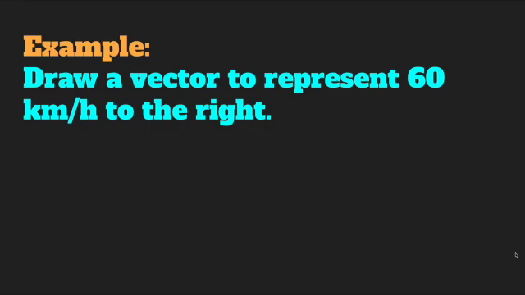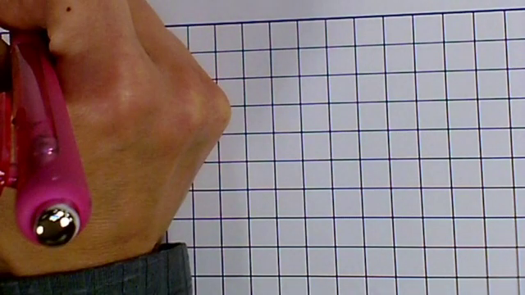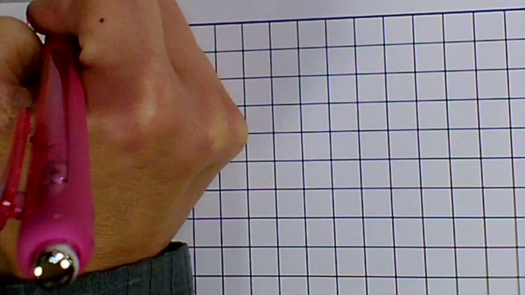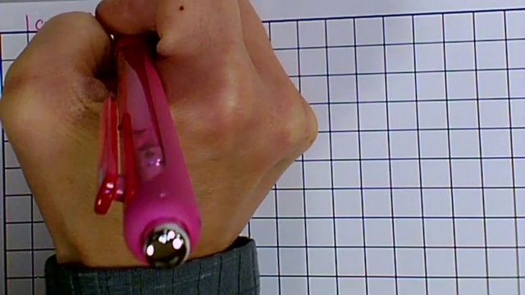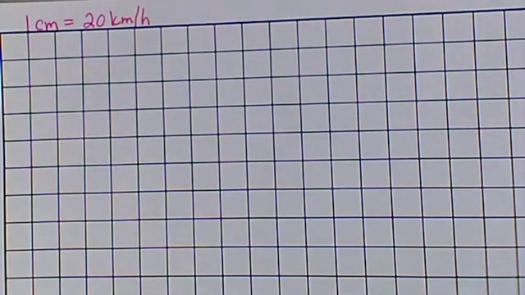So I'm going to switch over to some graph paper and show you on graph paper. Okay, so when I am drawing vectors on my graph paper, I have to tell what the scale is. These squares on this graph paper all are 1 centimeter. So for all of my problems, I'm going to say that 1 centimeter equals 20 kilometers per hour.